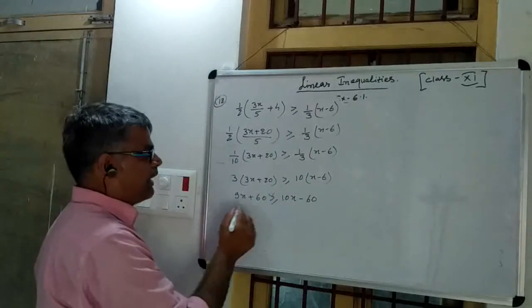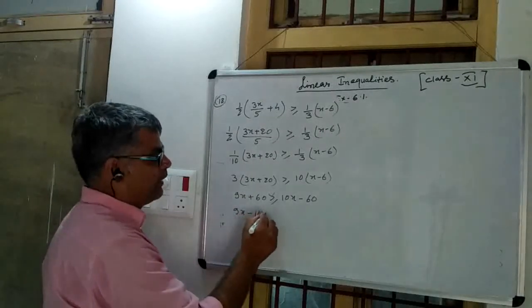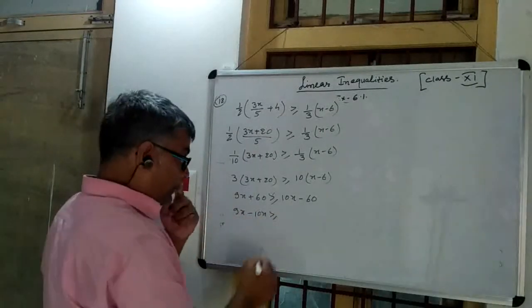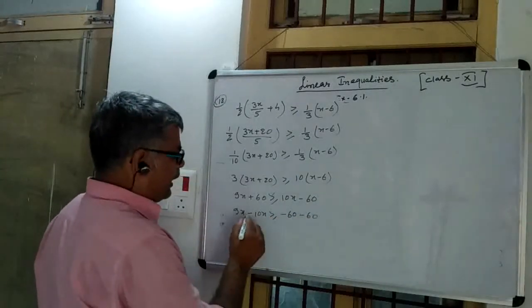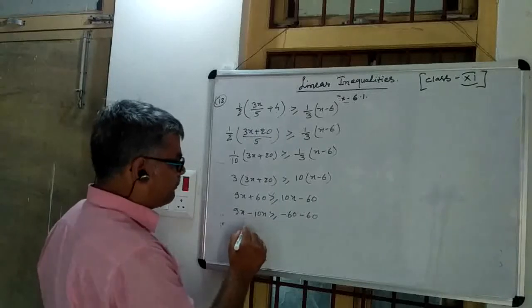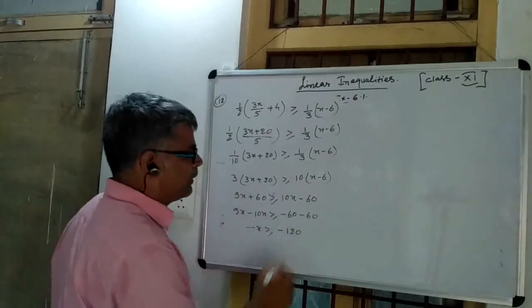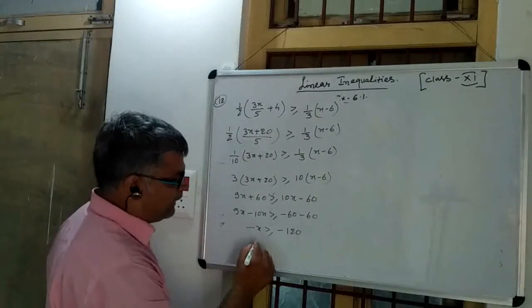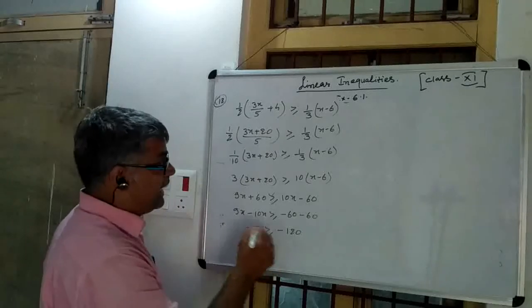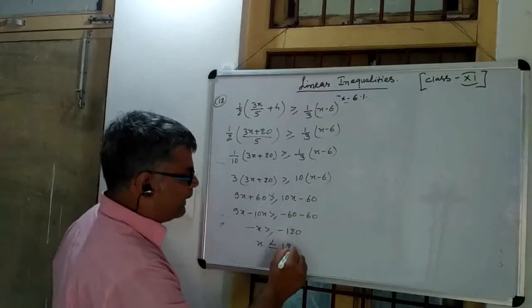So bring the variables on the LHS part. So 9x minus 10x is greater than or equal to minus 60 minus 60. It means that it will become minus x is greater than or equal to minus 120. Now again, when you multiply by a minus sign, the inequality will get changed. So it will become x less than or equal to 120.